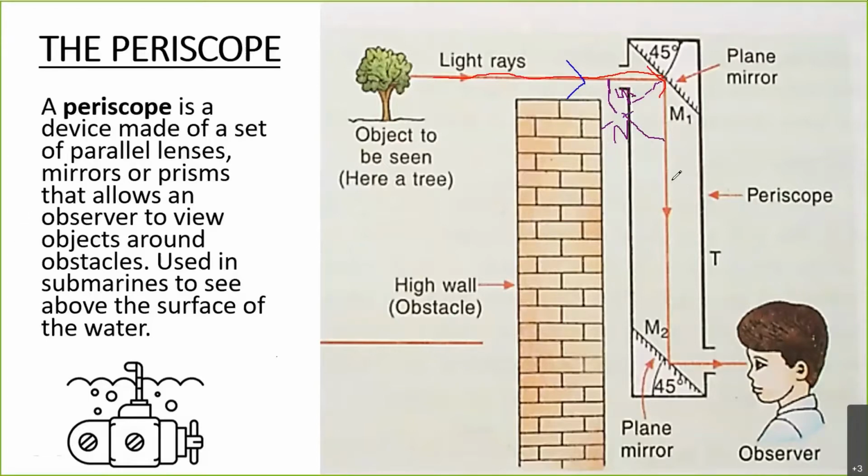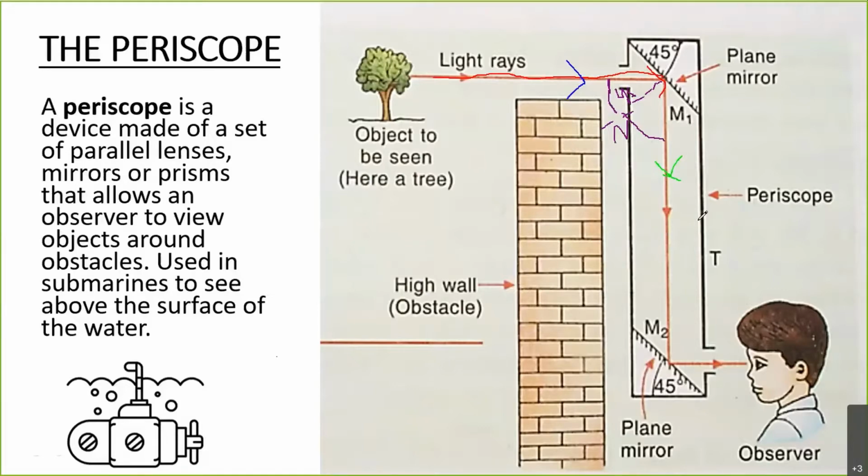The green arrow is my reflected ray. So all in all, the light ray turned 45 degrees twice, which gives me a rotation of 90 degrees. So it went from completely horizontal to completely vertical.